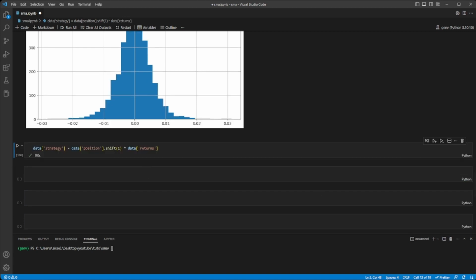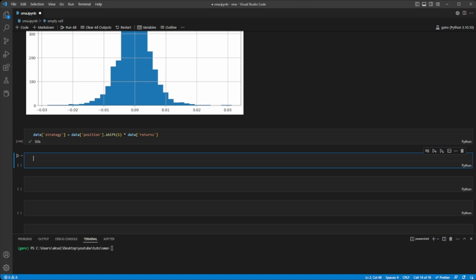Now we got the returns for our strategy, the logarithmic returns of the strategy from the positionings and the market returns. And now let's just sum up the single log return values for both the stock and the strategy for illustration's sake.